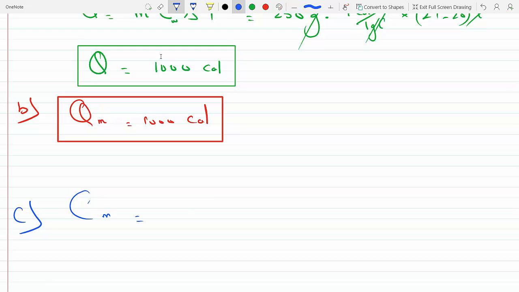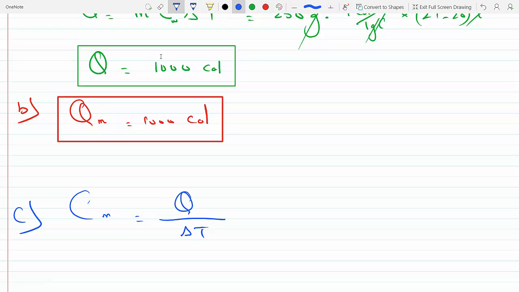This would be the Q, the heat lost by the metal to the water in the styrofoam cup, or gained by the metal from the boiling water, divided by the change in temperature.